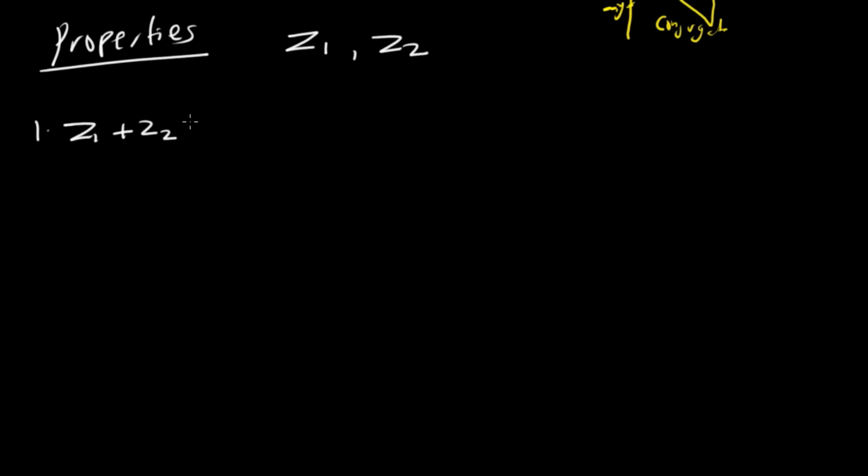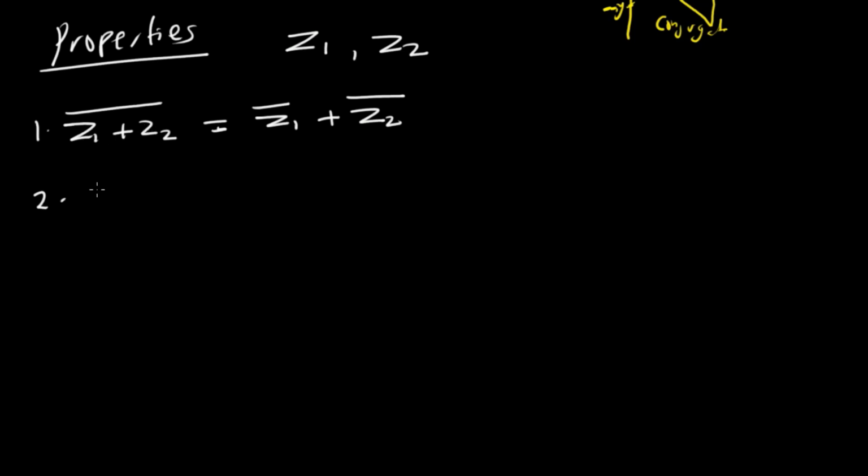If you have a good handle of the properties, you will not spend much time trying to do any work that involves complex conjugates. We have to find the conjugate of z1 plus z2. It's going to be equal to finding the conjugate of each individual complex number and adding them: z1 bar plus z2 bar. So the complex conjugate of z1 plus z2 is equal to the complex conjugate of z1 plus the complex conjugate of z2. So that's the first one.